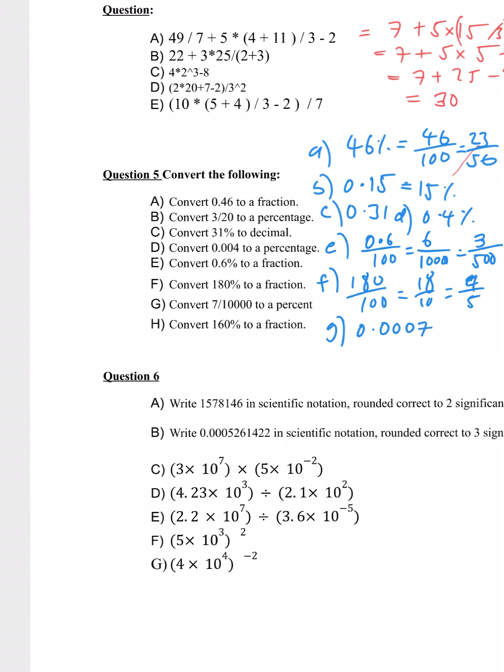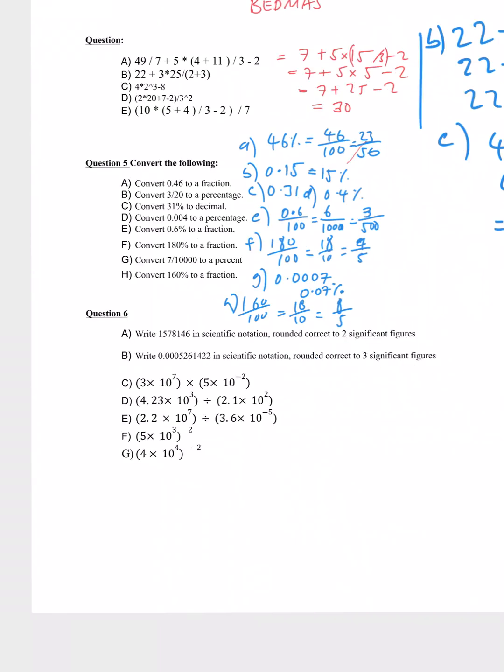Yeah. And so that's your decimal. To get a percent, times 100, that would be 0.07%. That's the percent number. 160% to a fraction. Again, that's 160 over 100, 16 over 10, or if you like, that's 8 over 5 as a fraction.